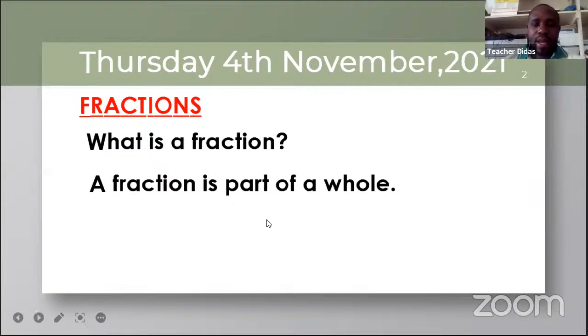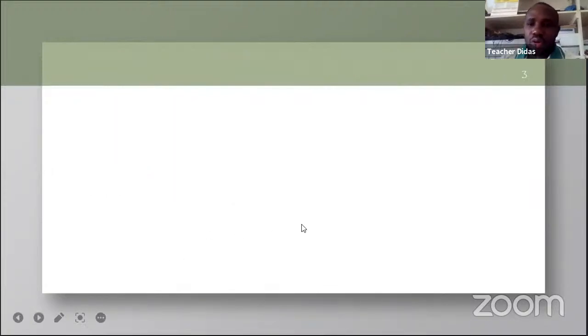Meaning that I will be having a whole, and later I will have a fraction. Now, we have to know what is a whole, and what is that part of a whole that we are talking about. That's the reason we are here today.